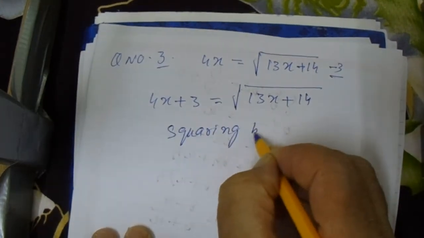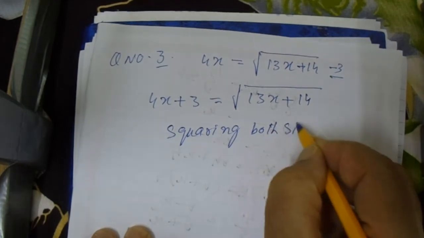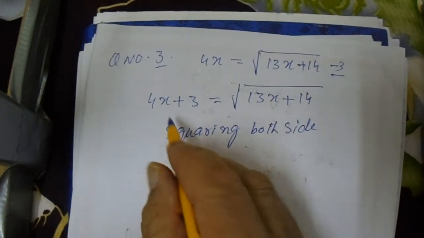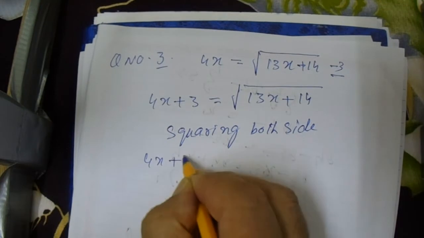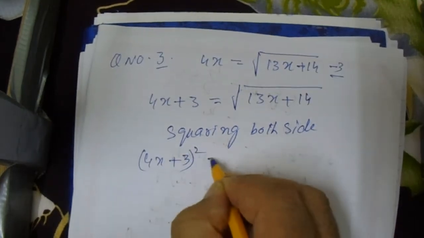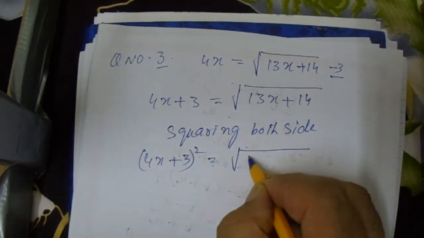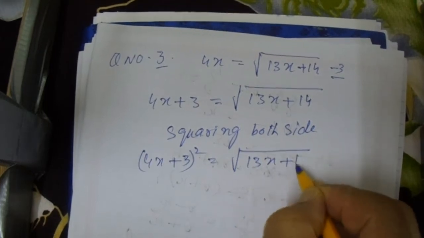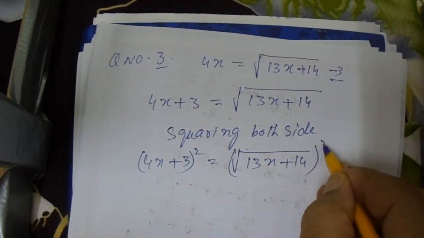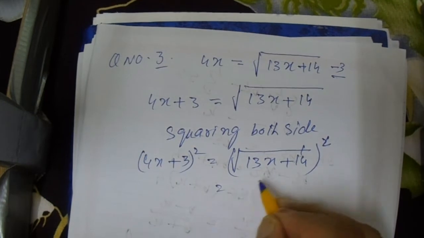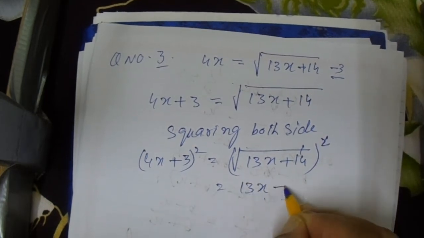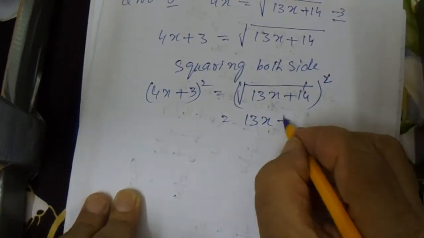Squaring both sides, we get 4x plus 3 whole square is equal to under root 13x plus 14 also square. This will cancel this. You have only right side 13x plus 14.